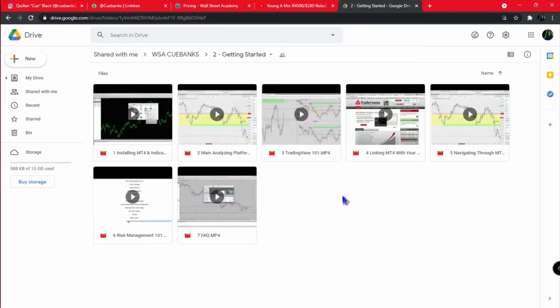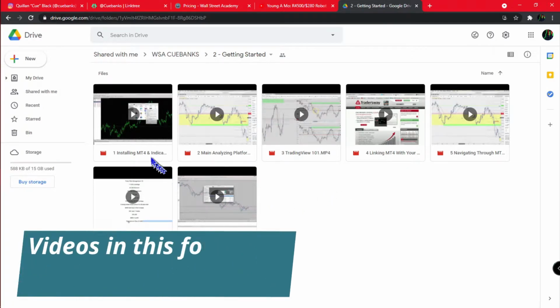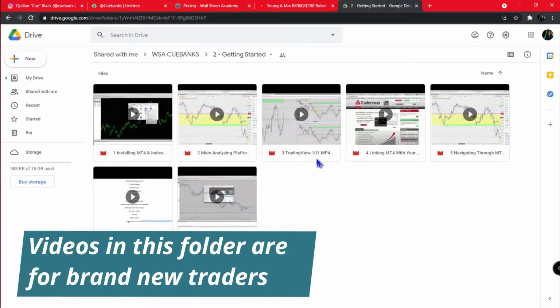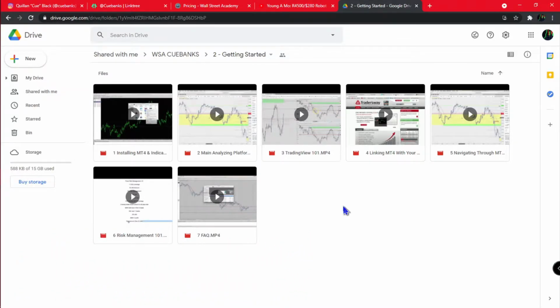Moving on to folder number 2, this folder contains a lot of installation videos and how-to-use videos, specifically for MetaTrader 4 and TradingView. These videos are to be watched by beginners who have never really interacted with the MetaTrader 4 platform or the TradingView platform. If you have already engaged with these two platforms, then these videos aren't really for you.